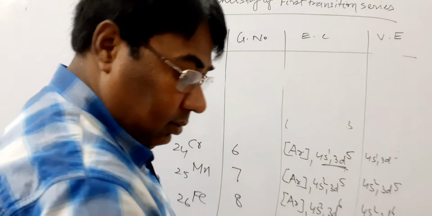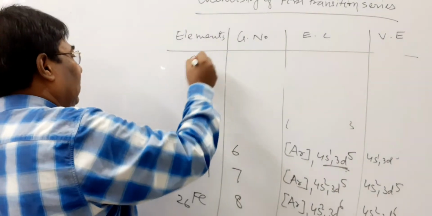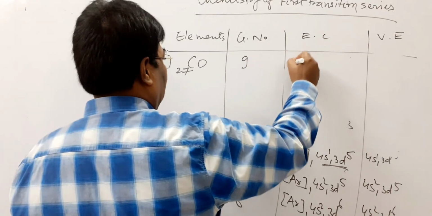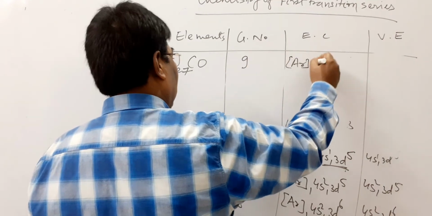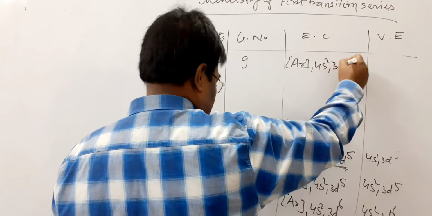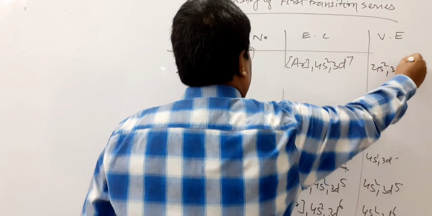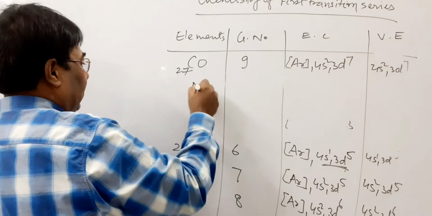After iron, cobalt 27, group number 9, argon 4s2 3d7.